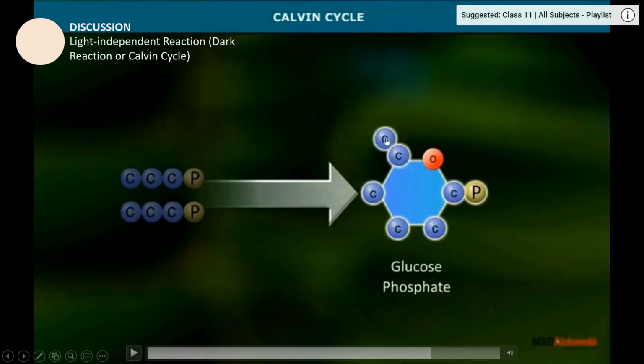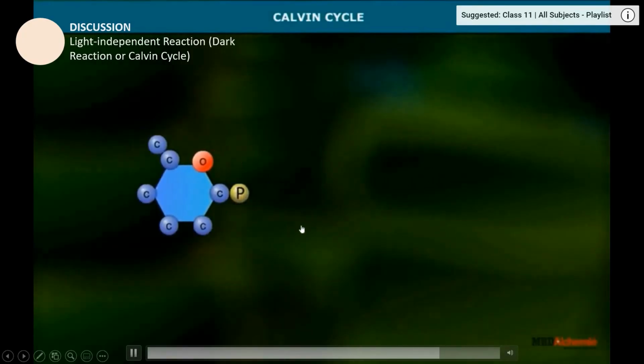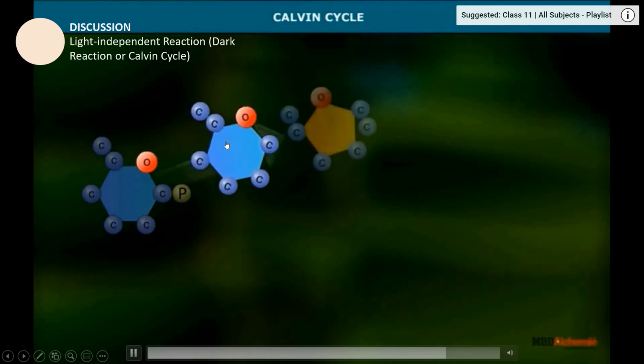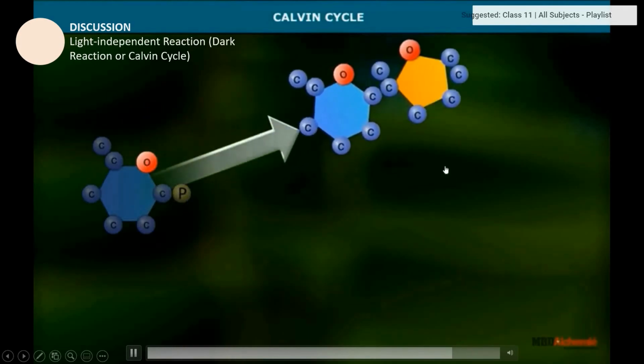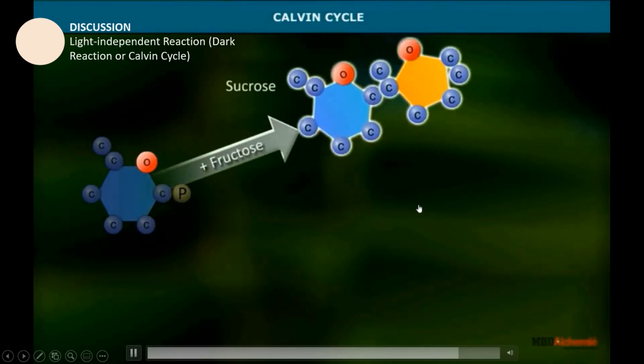Okay, so glucose phosphate has 1, 2, 3, 4, 5, 6 carbon, 6 hydrogen, 12 oxygen. Tapos we have here an oxygen, glucose phosphate. Okay, and then it's going to bind with another glucose by the removal of a phosphate so that ma-produce ang sucrose. So say for instance, this monomer of a carbohydrate is also a fructose.